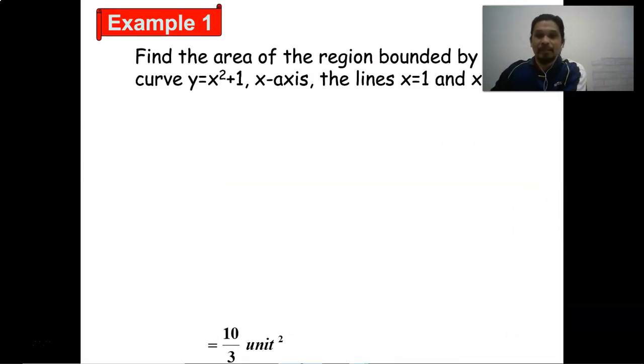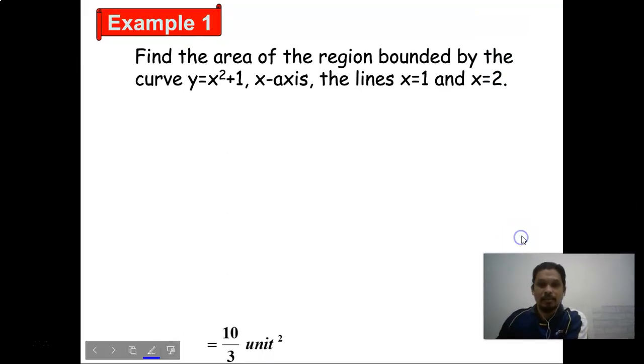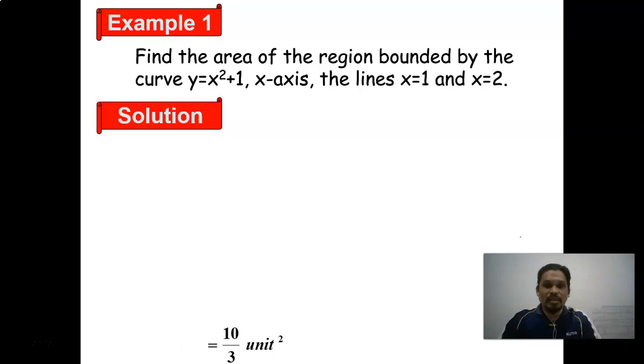Now the first one here. Find the area of the region bounded by the curve y equal to x squared plus 1, the x-axis, and the lines x equal to 1 and x equal to 2.